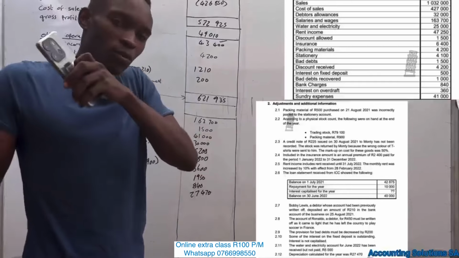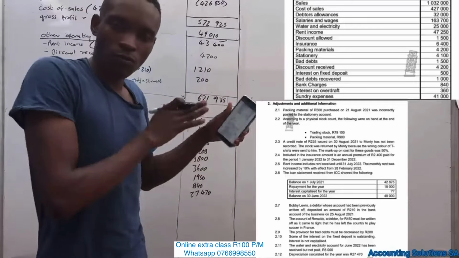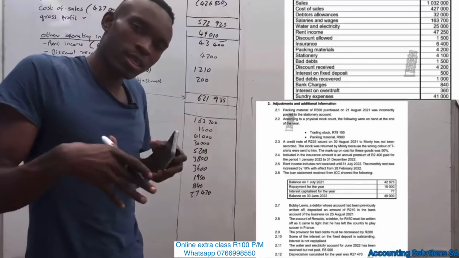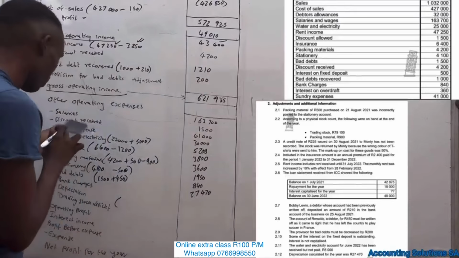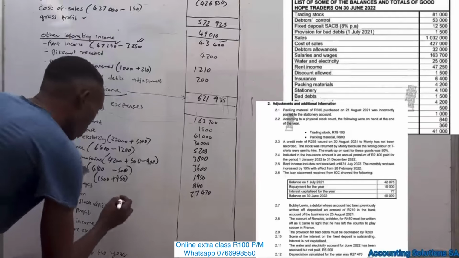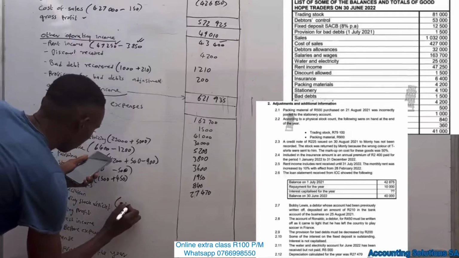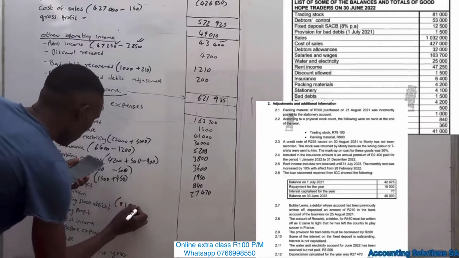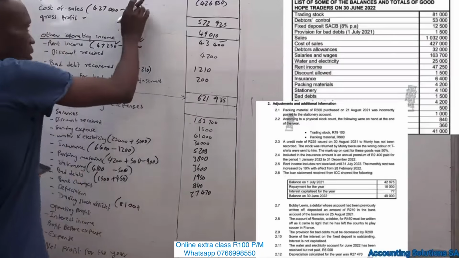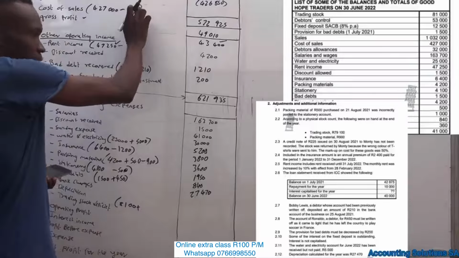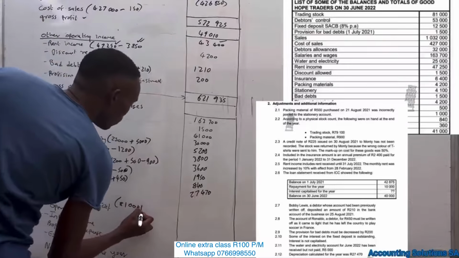Another one, we have to work out if we have any trading stock deficit. We compare the one for the beginning and the one for the end. If it has decreased, there is a deficit. At the beginning we have an amount of 81,000, and remember we must first add the one that the customer has returned because it cost us, of course, 150.